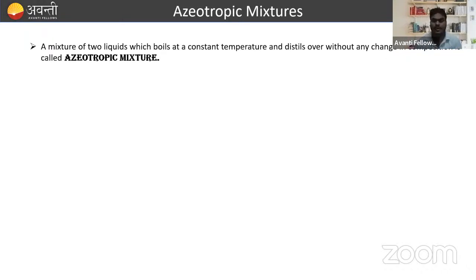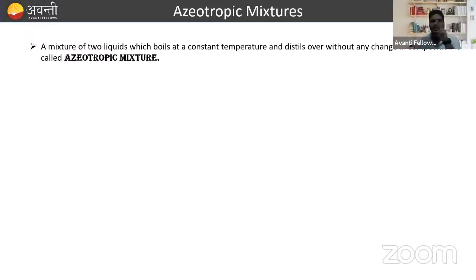So if someone asks what you mean by the term azeotropic, what is your answer? A mixture of two liquids, or a binary solution, which boils at a constant temperature just like a pure liquid. It may be alcohol and water, or anything between two liquids.